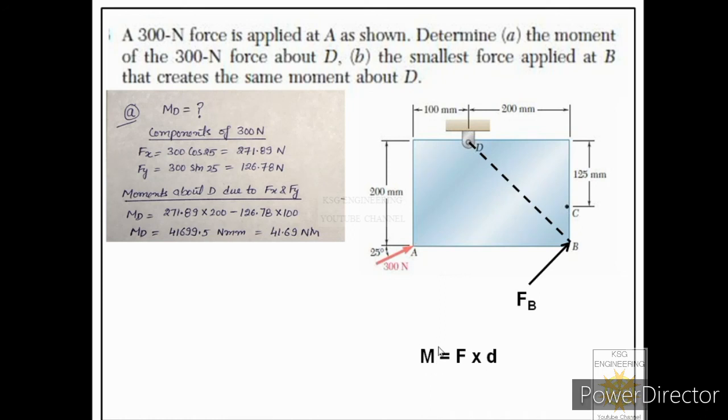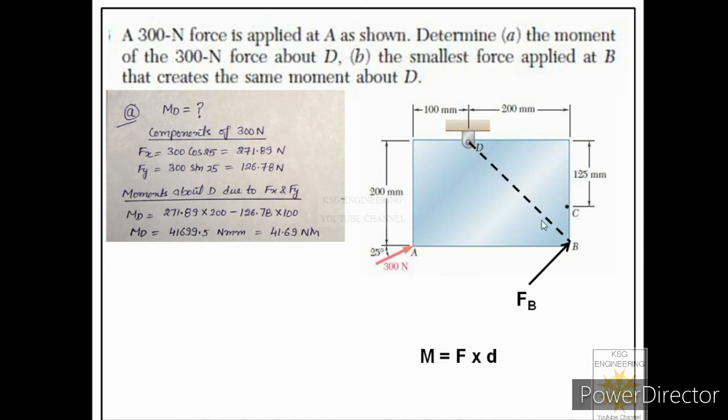We have this value, the same moment, which is 41.69. Now we have its moment arm as well, that is DB, which we have to calculate now. If we can calculate its moment arm by using mathematics, then we can easily find this force. So let us first find its moment arm, that is DB.